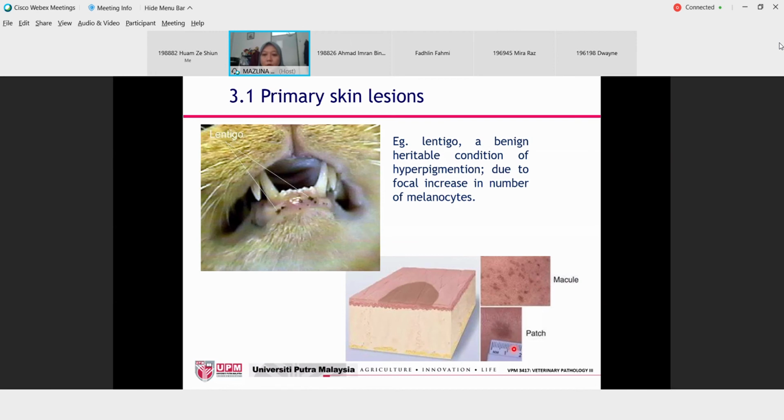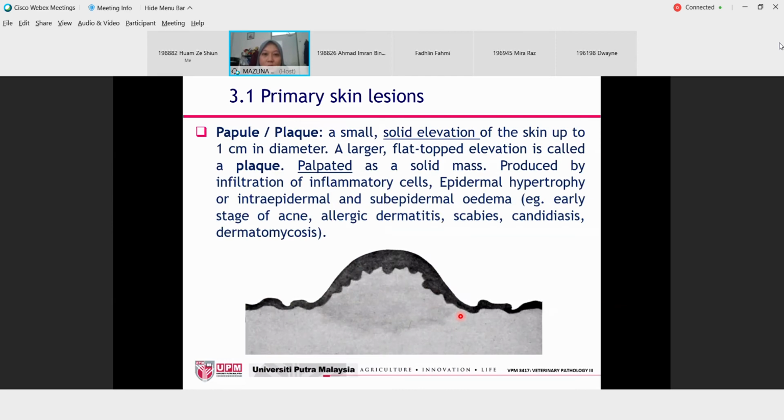So this diagram I hope you can appreciate better. It's well circumscribed, different in color, and it's flat. Okay, you need to differentiate between papule and plaque.